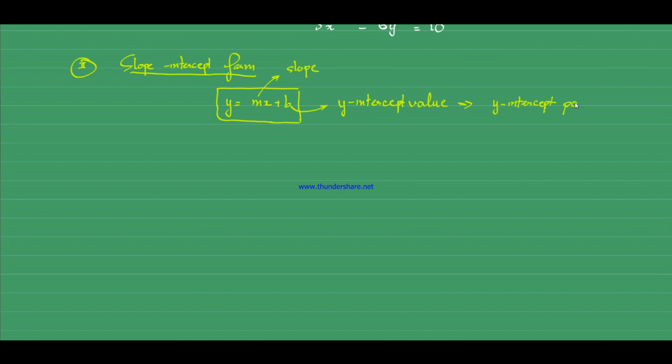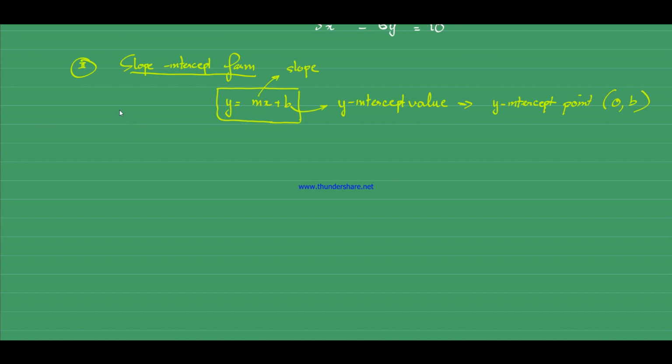Now I'm going to put in the point form, so the y-intercept point could be (0, b). Okay, now we need to understand what the slope means. If you notice, you see the line sometimes is slanted upward or slanted downward. Being slanted upward or slanted downward, actually that's what the slope is.